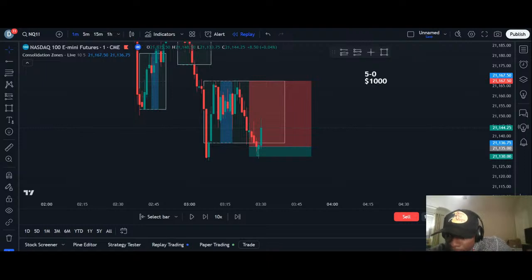Exactly. It's 2-to-1 RR. Exactly. People will see my trade RR and think that's my daily RR. No, sir. My trade by trade RR might be negative, but if you're looking at my daily risk reward, I risk 500, and my daily profit is 1,000. So it looks a little goofy, but it works.